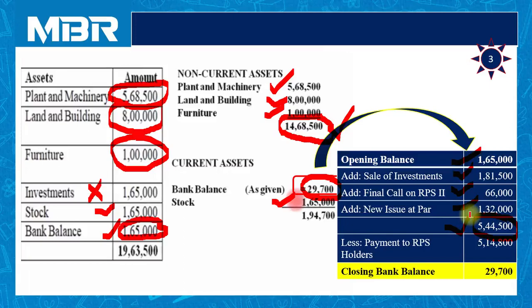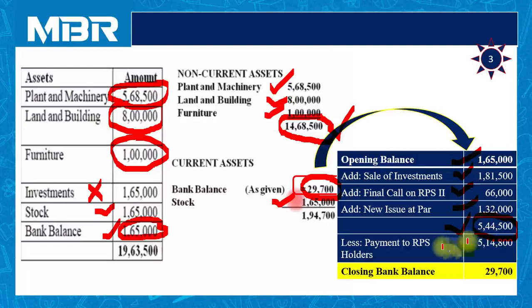So total amount available with the company is rupees 5,44,500. And recall step number 5, where we have paid the amount to the holders of redeemable preference shares. RPS holders account debited 5,14,800 to bank account 5,14,800.